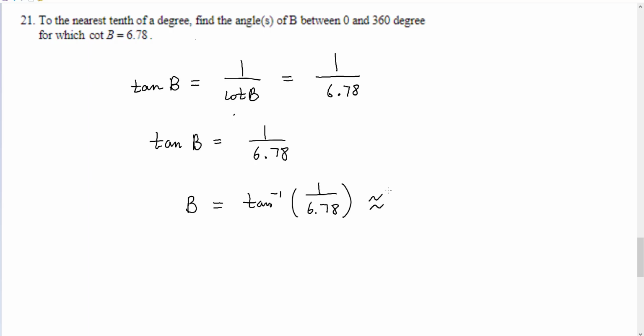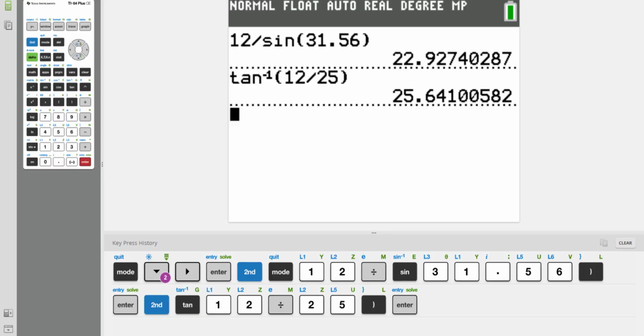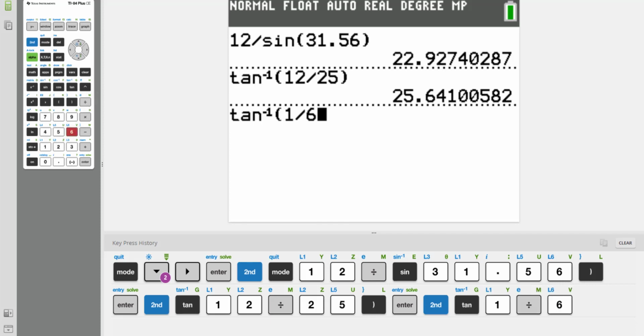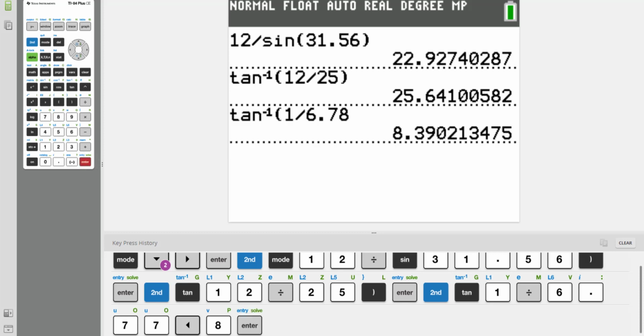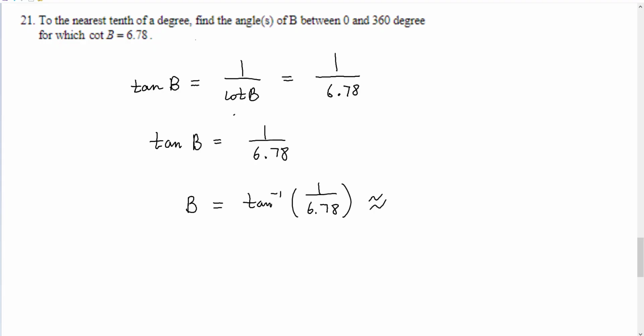Now go ahead and put it in the calculator: tangent inverse of 1 over 6.78. It is giving me about 8.39, and that's the angle in quadrant 1.